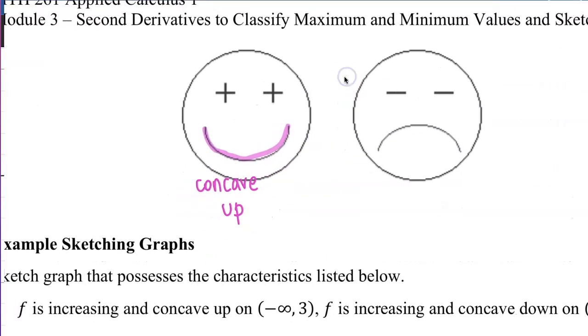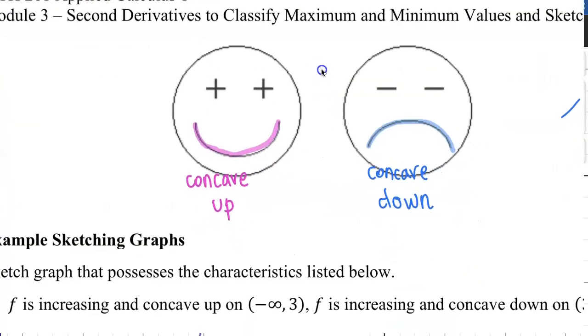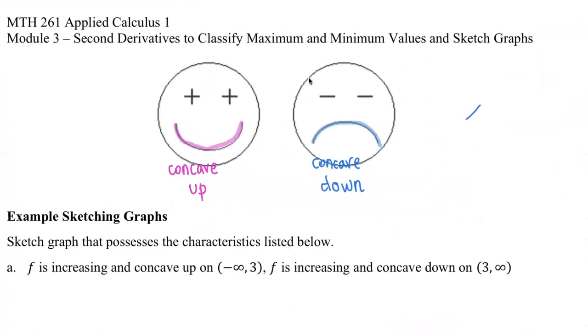Concave down is going to look like an upside down U. This is going to be the concave down graph. So you see that right here, right? This is concave down. But we'll do more examples of picture reading or graph sketching on another page.